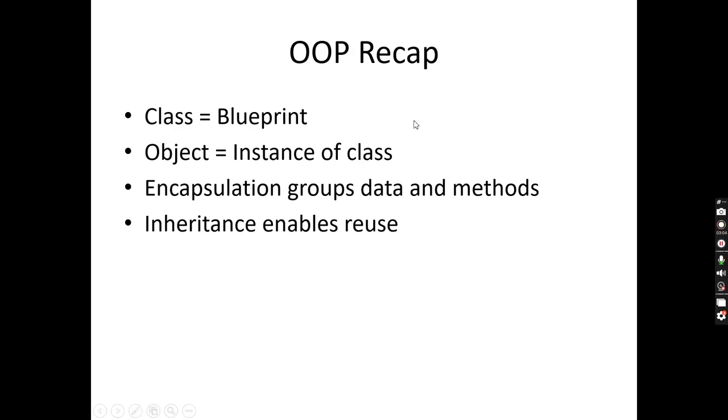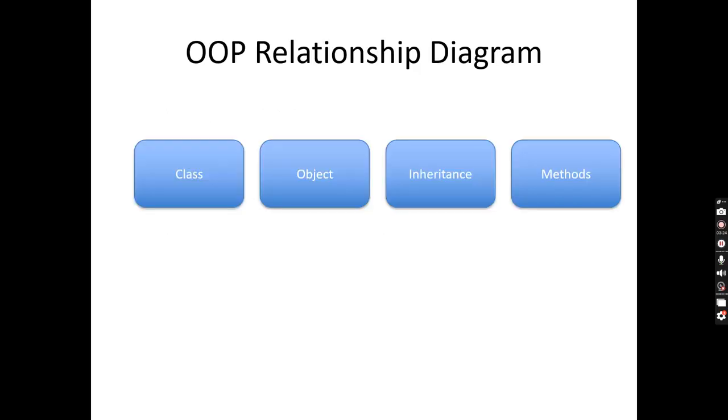Coming to the OOPS recap, as I said before, a class is a blueprint, and an object is an instance of the class. The methods and variables you keep inside the class are encapsulated in the class. This is the relationship between the OOPS concepts. The class is a blueprint, and the instance of the class is called an object.